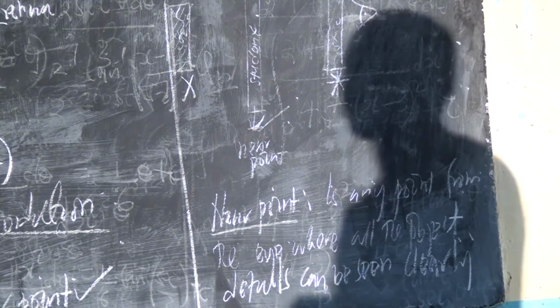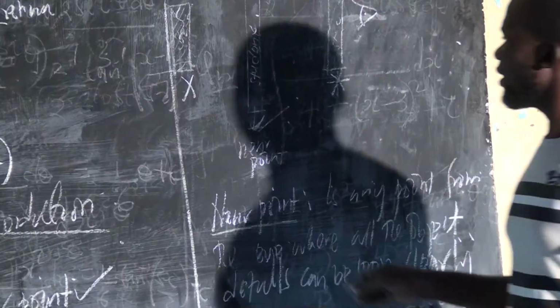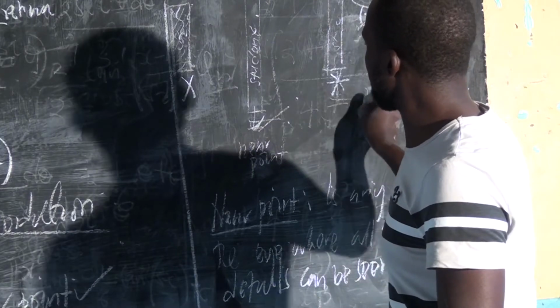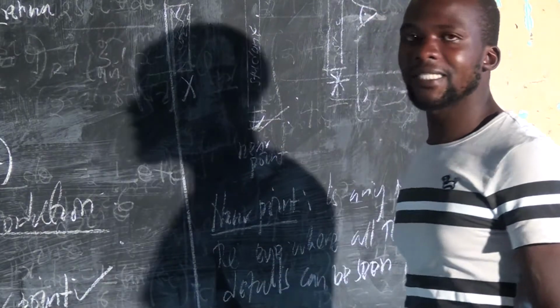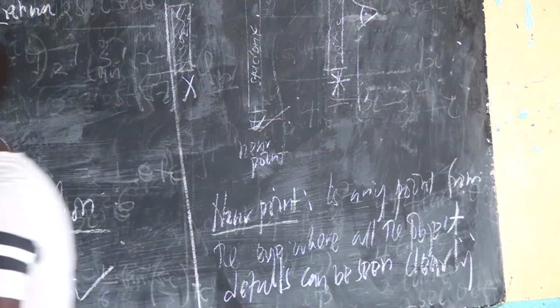Now the distance between the near point and the human eye is the least distance of distinct vision.